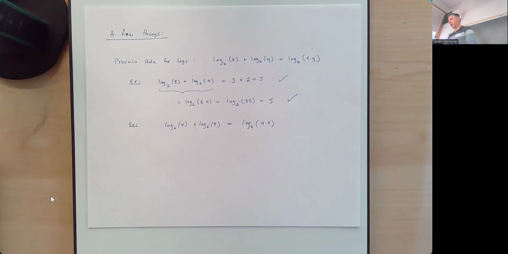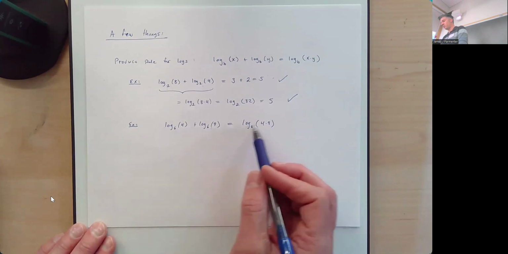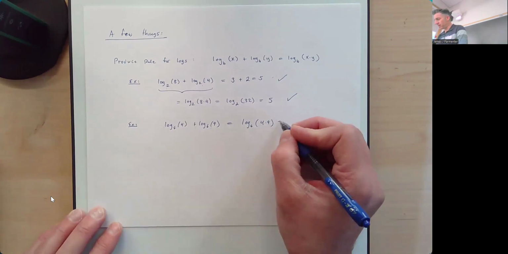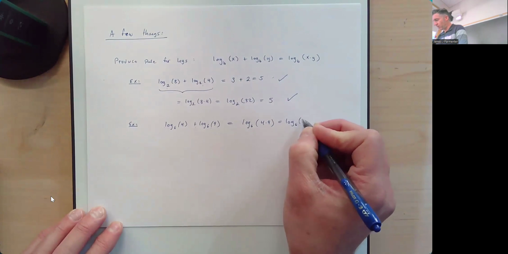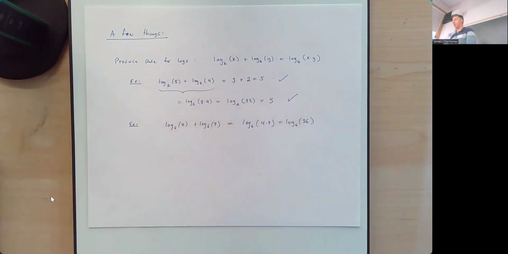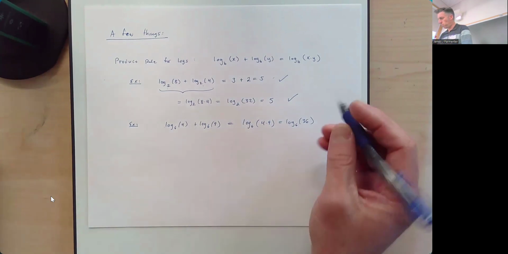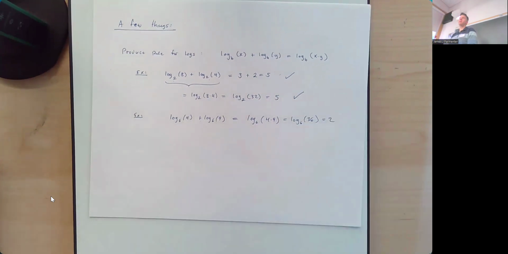But check this out. When you add these together, you multiply the arguments. 4 times 9 is 36. And we can all find that log base 6 of 36 is how many? Yeah. That's kind of a neat thing you're able to do with these.